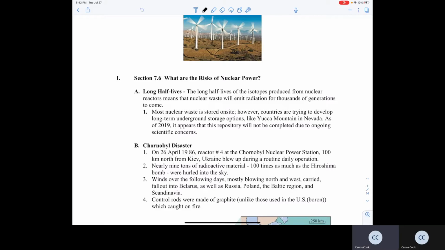And so we talked previously about how a nuclear power plant is similar to a coal burning power generation plant in the fact that the chief objective is to boil water and produce steam.